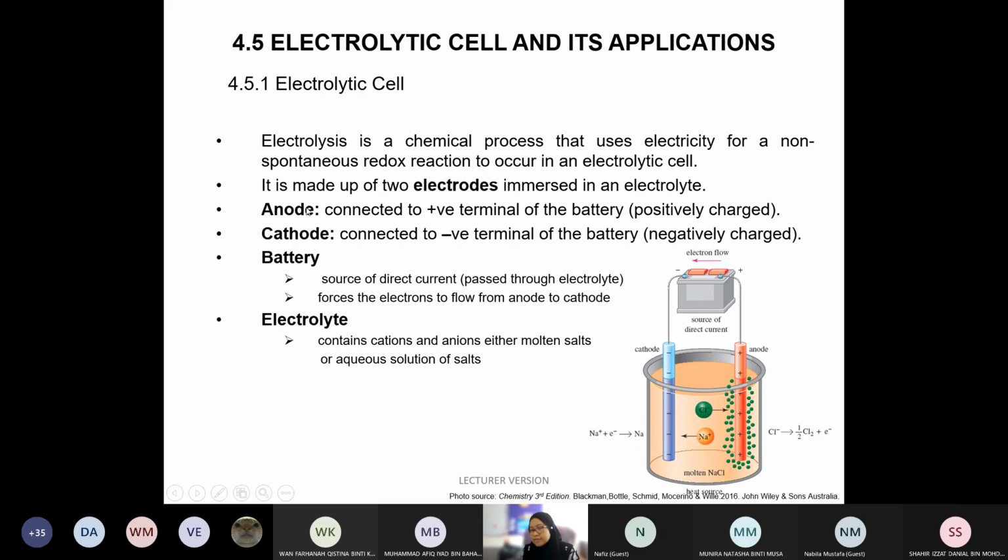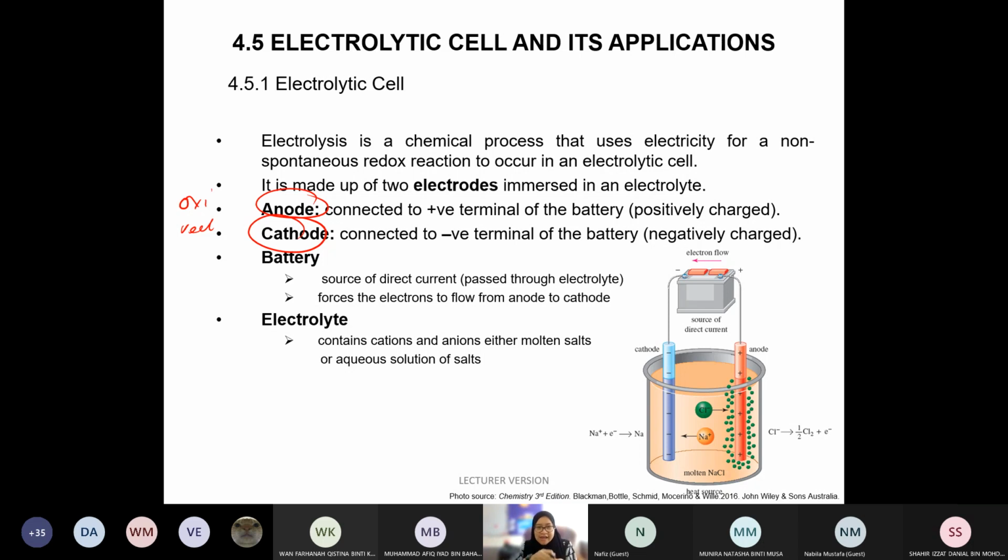Anode is still where the oxidation takes place. They still sama. Cathode is where the reduction takes place. It's just that dia punya charge berbeza. Kalau galvanic cell, the anode is negative charge sebab dekat situlah elektron sebenarnya terkumpul dulu sebelum dia move to cathode.